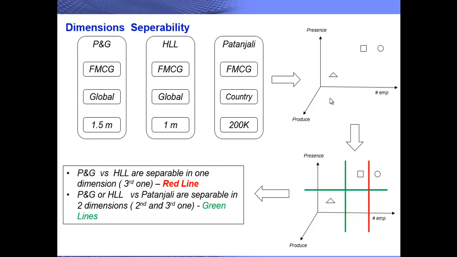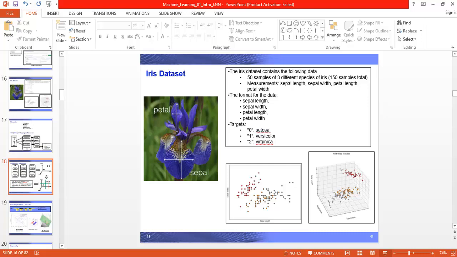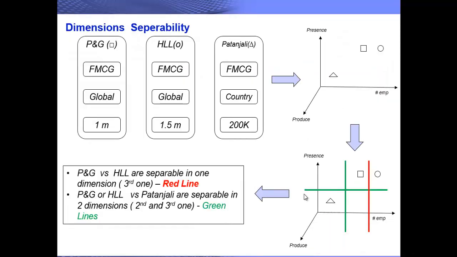But in this problem, all the 3 companies are FMCG, so this data we can ignore. Now if we try to draw, so we have Procter & Gamble, HLL and Patanjali.